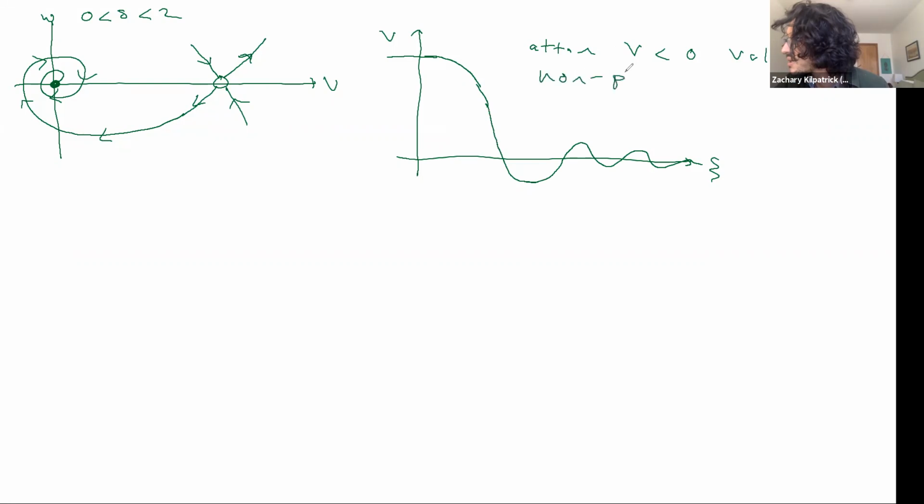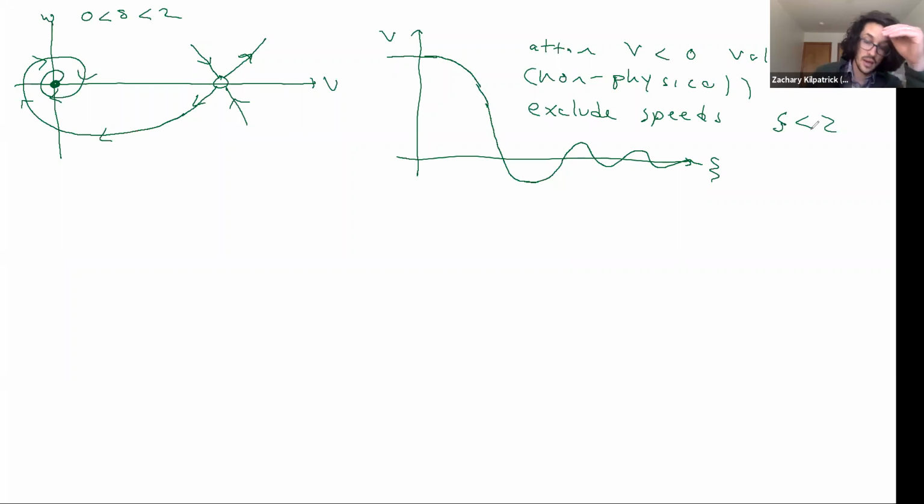This is non-physical, okay? And so this means that we need to exclude speeds s less than 2, okay?